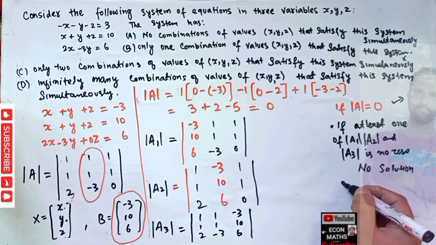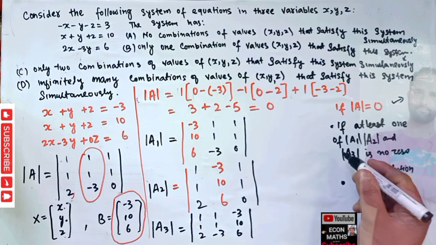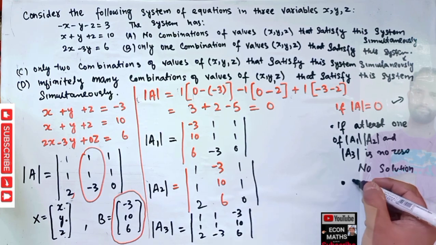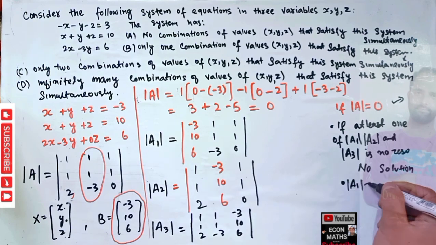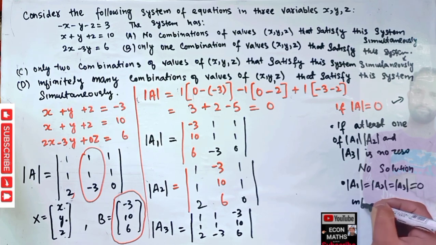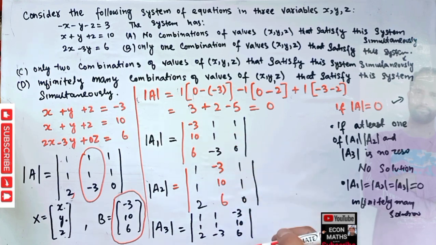But if the determinant is 0 and the determinants of a1, a2 and a3 are all equal to 0, then we have infinitely many solutions. Now let us try to find out if any one of these is non-zero.